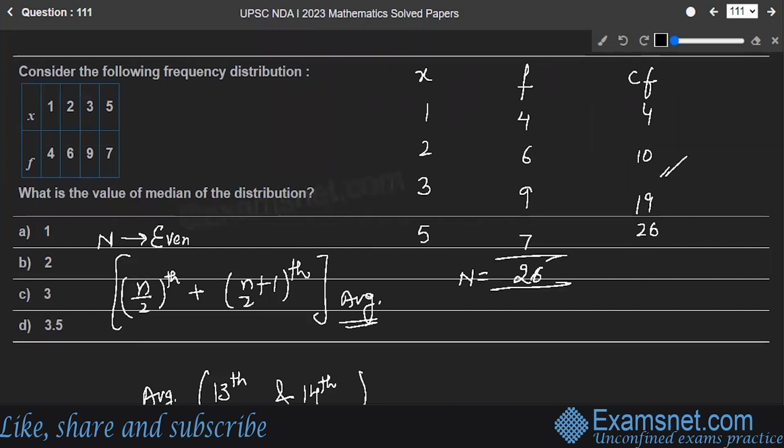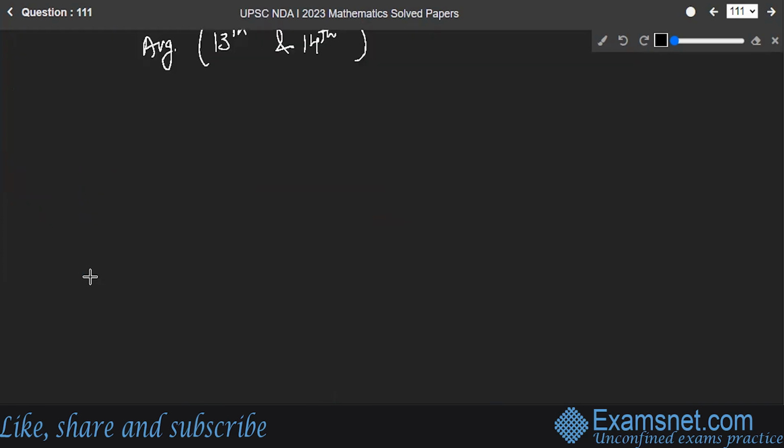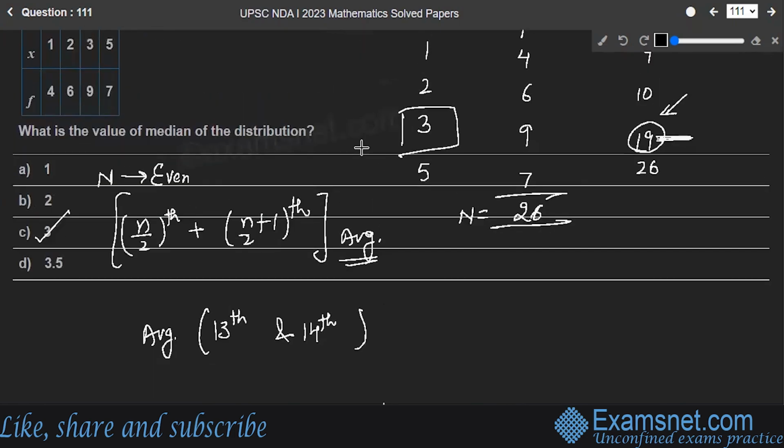They, of course, are lying in the line which is containing cumulative frequency as 19. That means 3 is the answer to the question. That is the median. Option D. Hope you understood this, right?